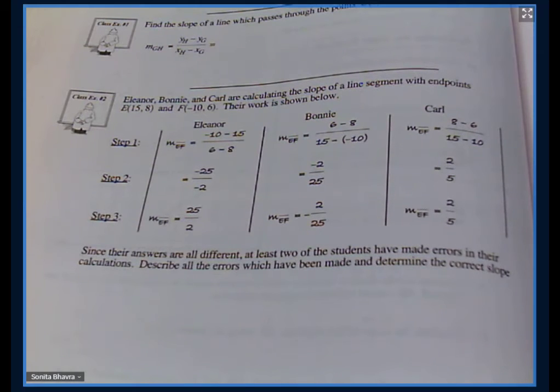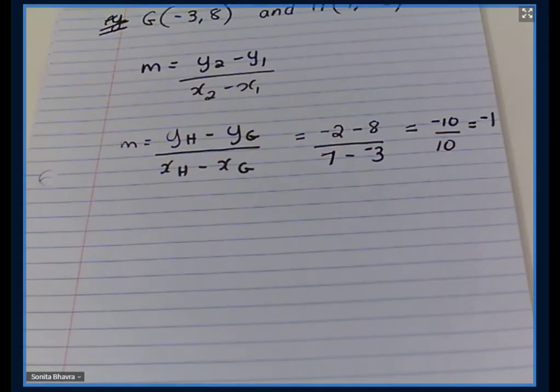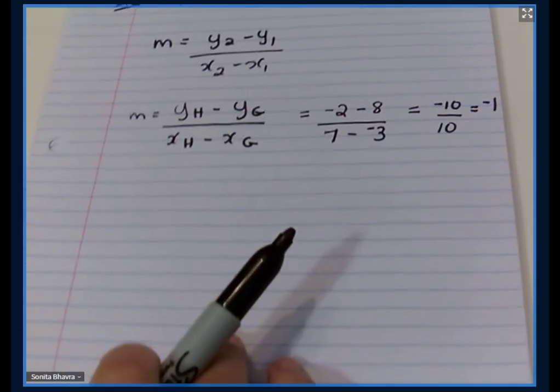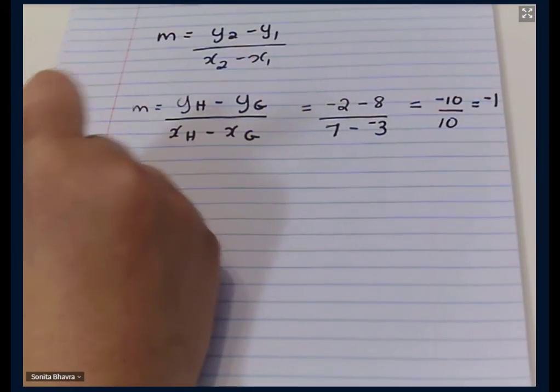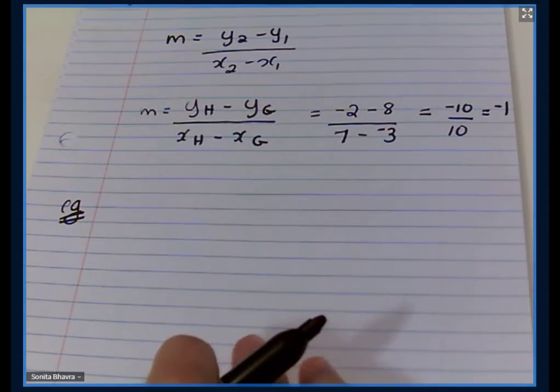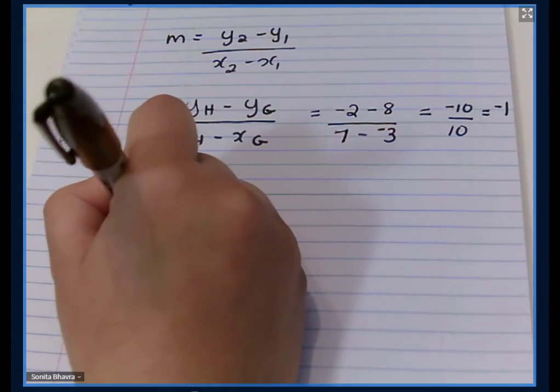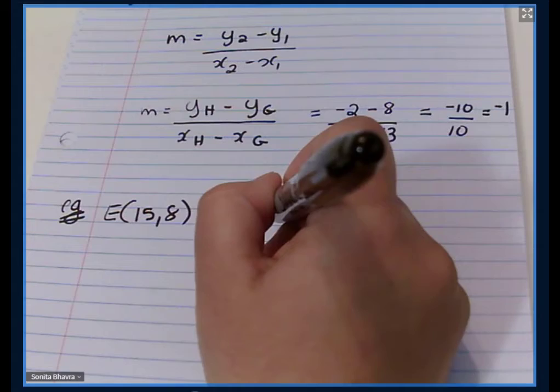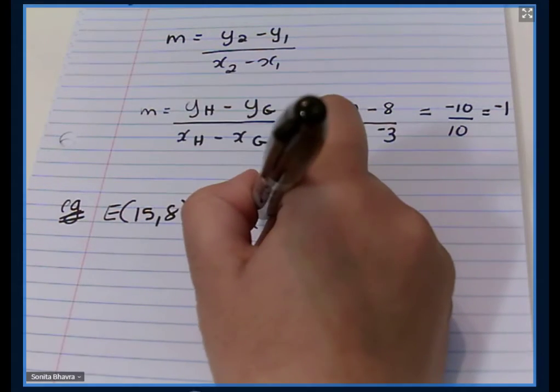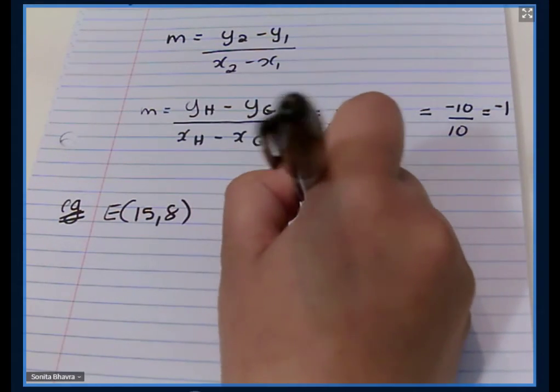All right, so let's figure out the correct slope for this line. We'll use our slope formula, and we're going to use it correctly. The 2 points we are looking at are E, which is (15, 8), and our second point is F, which is (-10, 6).